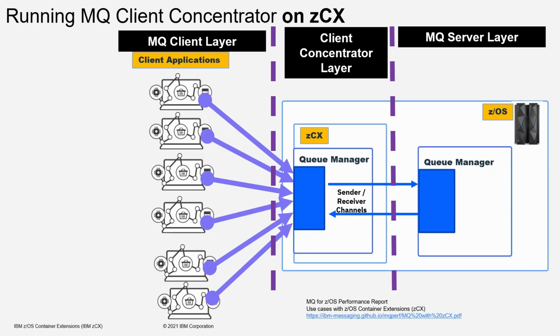One is not an external hop, but it still is a hop. And of course, there are high availability issues at play here as well. But again, the MQ concentrator hosted in zCX may be the answer your shop needs for reduced MQ CPU costs. And so this is another use case of putting the MQ client concentrator hosted on zCX.